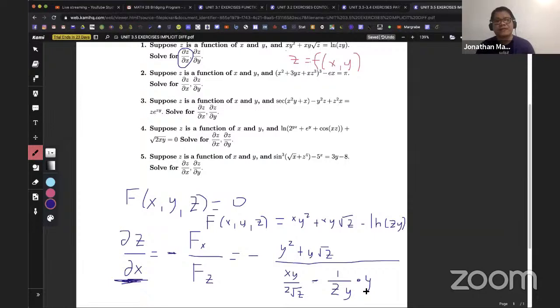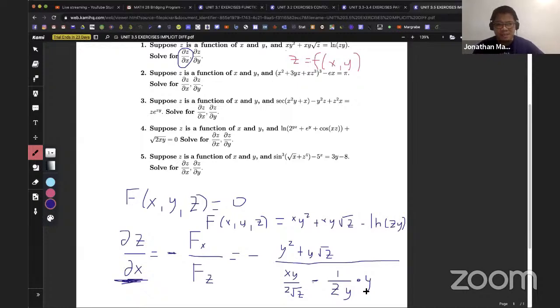So that's basically implicit differentiation. The idea in implicit differentiation is you set one side of your expression to 0. All of the other expressions will be moved to the other side of the expression.